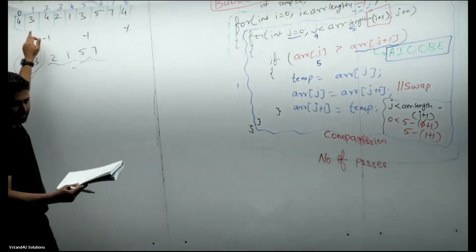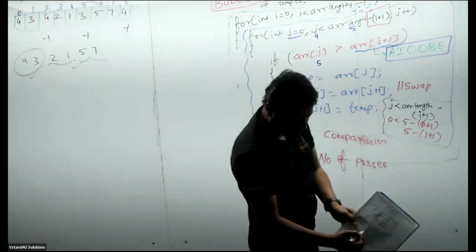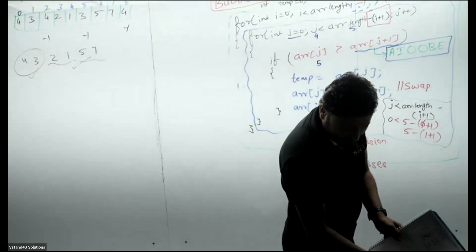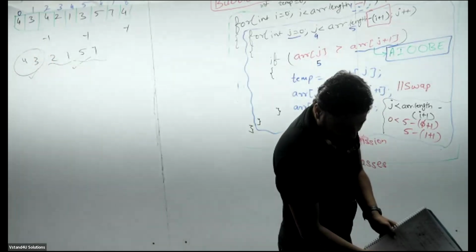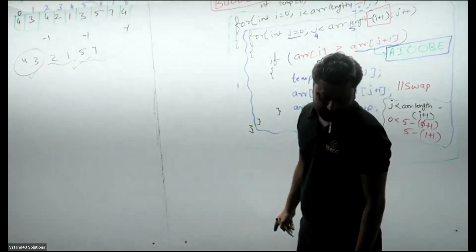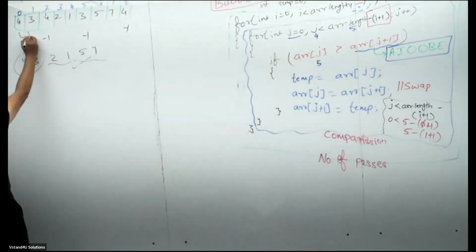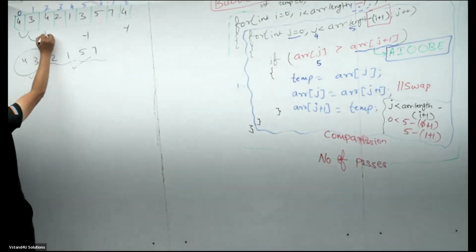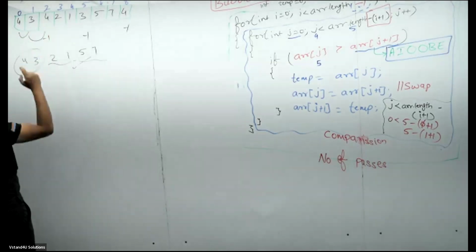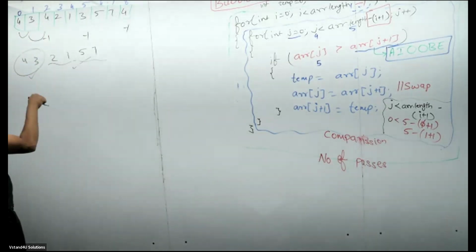Not equal, right? This is the condition. If arr[i] is not equal to arr[j], then print arr[i], that is 4. Next time you will compare these two. arr[i] equal to arr[j]? No. Then you will print 3 also.